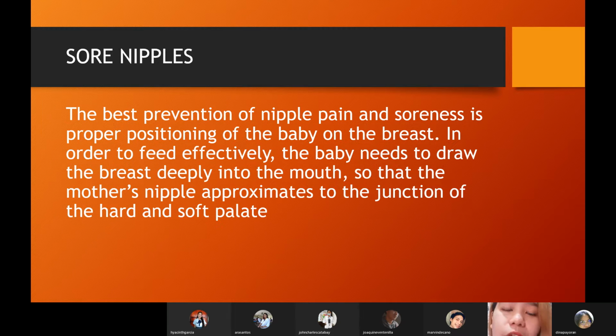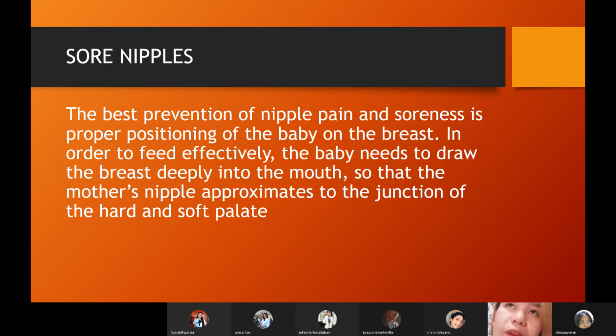The best prevention of nipple pain and soreness is proper positioning of the baby on the breast. Maybe we can tackle the positioning of the baby in more depth in our next topic. In order to feed effectively, the baby needs to draw the breast deeply into the mouth so that the mother's nipple approximates the junction of the hard and soft palate.